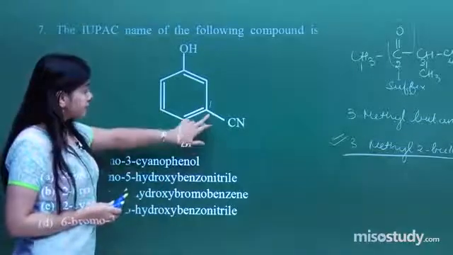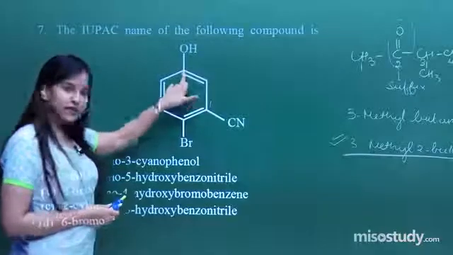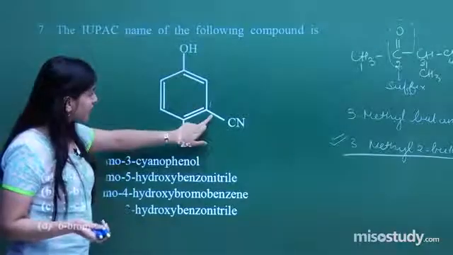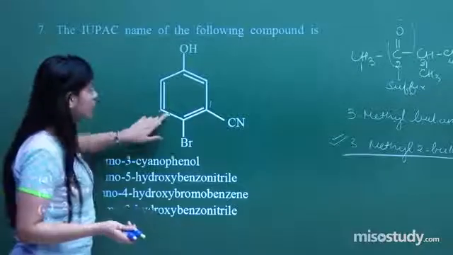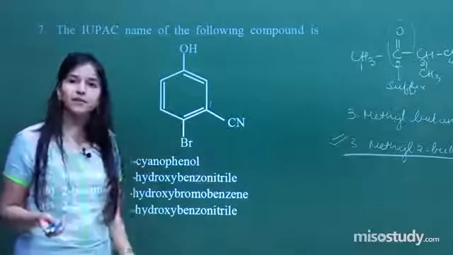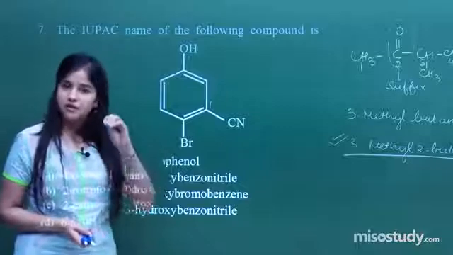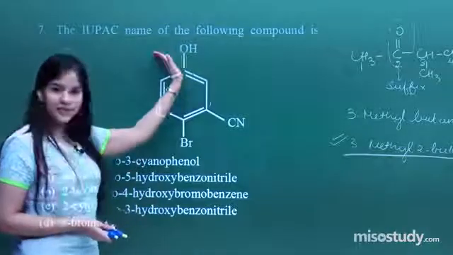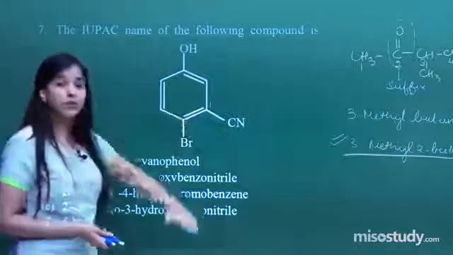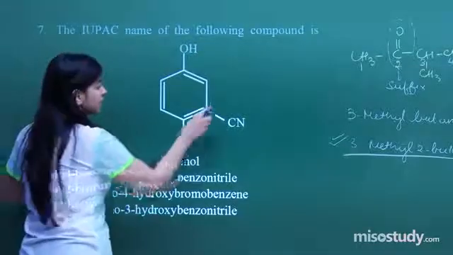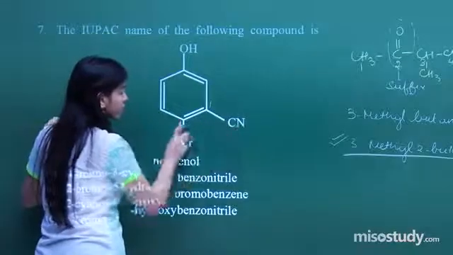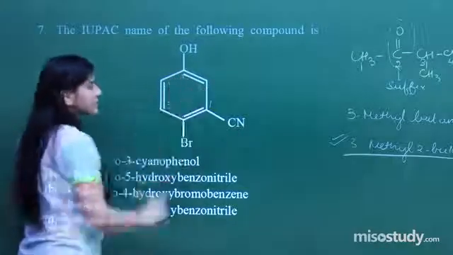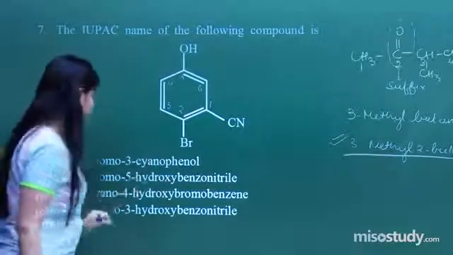Now you need to move on to the other functional group. But if I move anti-clockwise, this bromine will be assigned the lowest possible number. So instead of moving in that direction, I'll be moving in this bromine direction. That means here I'll be giving 1 to this cyano group, then 2, 3, 4, 5 and 6. So that is how we are going to number in this case.